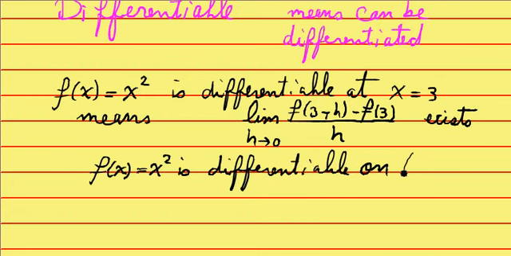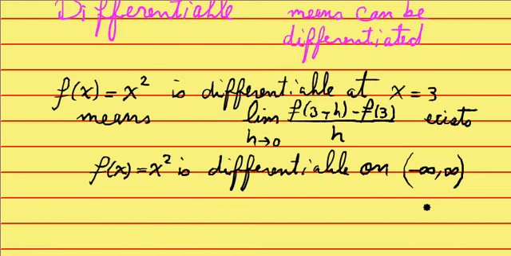Now I can make a list of all the points on which it is differentiable. This one happens not to give any headache at any place. So if you want to specify that a function is differentiable on a whole set of points, that is an interval of points, you just specify your interval and you use this adjective differentiable and then say on that particular interval. So this function is differentiable everywhere.